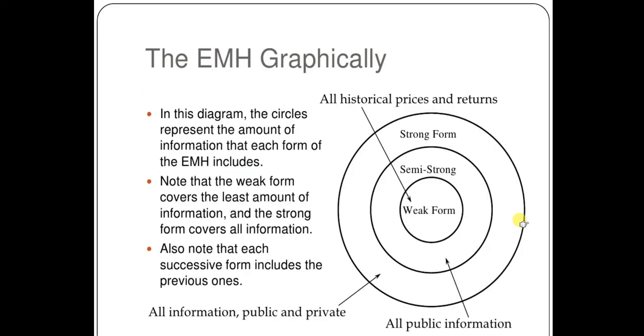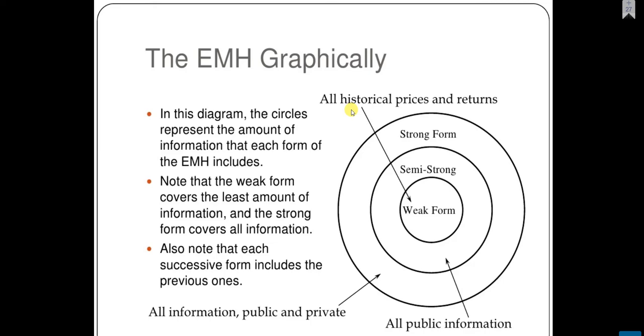Before starting the weak form efficiency, this is the efficient market hypothesis graph. All historical prices and returns are here. You can see all information, public and private, is in the strong form. All public information is in the semi-strong form, and in the weak form we have all historical prices and returns.